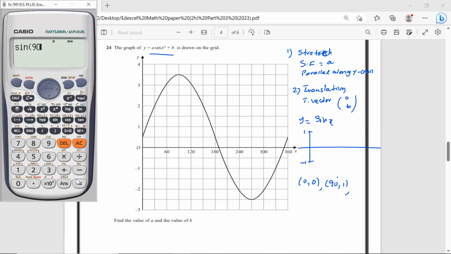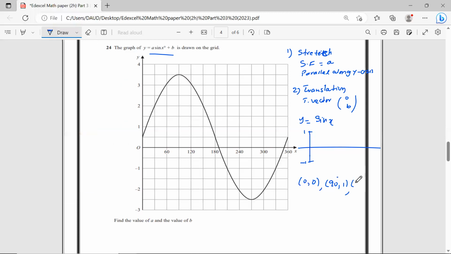Sine 180 gives us 0. Sine 270 is -1, and then 360 again 0. So when you start the sine curve, it starts from 0, and at 90 it reaches 1, and then it will come down again to 0, and then like that.